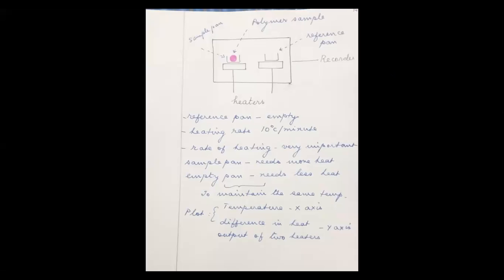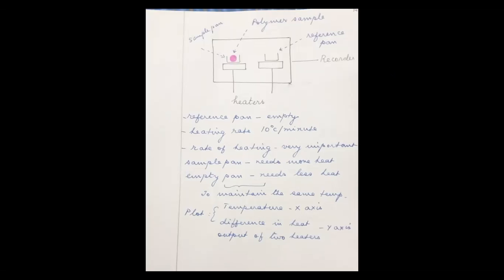So you should understand these things very clearly. On the x-axis, the temperature is taken. On the y-axis, the difference in heat. Actually, the difference in heat is not about the temperature, it is the output of the two heaters.